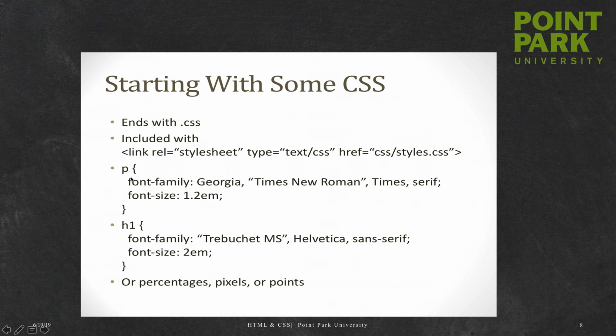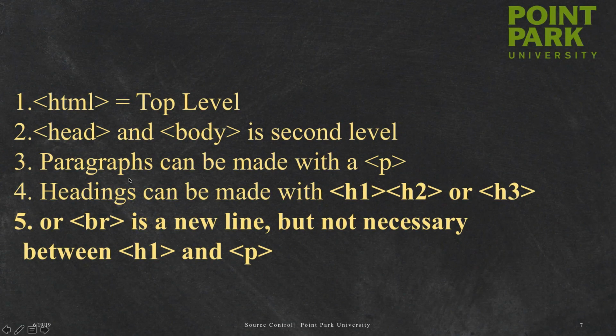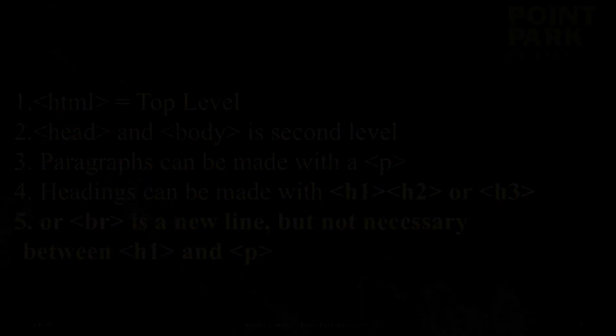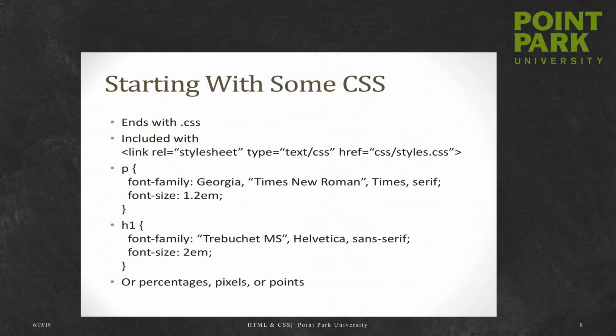What this means is anytime I use the less than, greater than P, that means if I'm using a paragraph, my font type is going to be Georgia or Times New Roman, and my font size is going to be 1.2. Anything I have in that caption, that's how it's going to be identified.